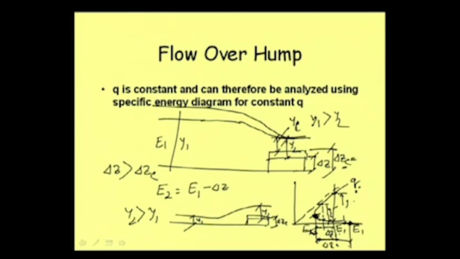In case of supercritical flow, when delta z is increased beyond this, it will lead to the formation of subcritical flow in this part and a hydraulic jump will occur. So, in case of supercritical flow a hydraulic jump will occur, and we cannot analyze this flow by using this particular diagram. Rather, since a hydraulic jump is coming, the entire flow situation is changing.